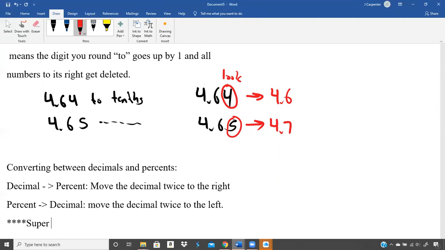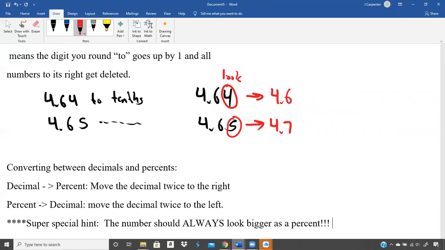Super special hint. The number should always look bigger as a percent. If you're looking at the number in 2 forms, one is a decimal, one is a percent, it should always look bigger as a percent. What I mean is if you don't write the percent symbol, that number should be bigger than the other one. It should be bigger by a factor of 100, in fact.